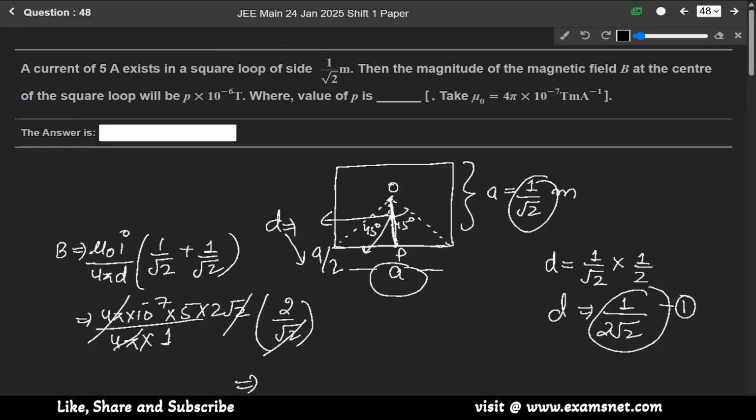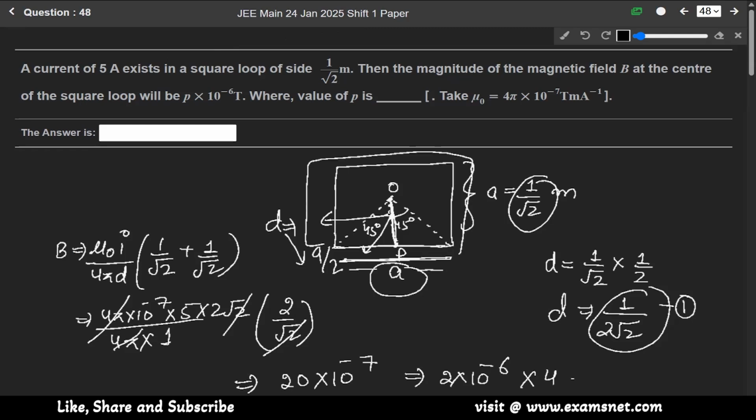So it will be equal to 5 into 2 into 2, 20 into 10 to the power minus 7, which is 2 into 10 to the power minus 6, and this is for one side only. If we have to find it for the whole square, multiply it with 4 sides. So it will be 8 into 10 to the power minus 6. So the value of P here is 8.